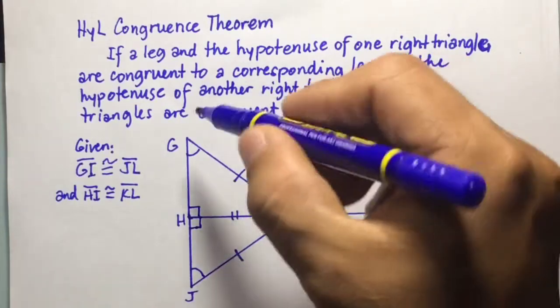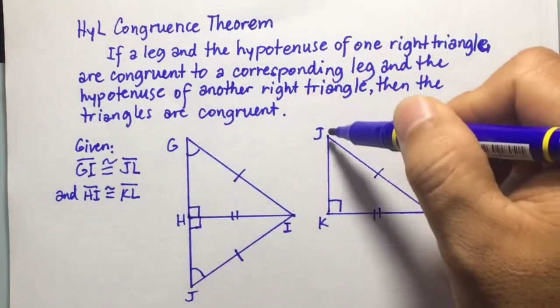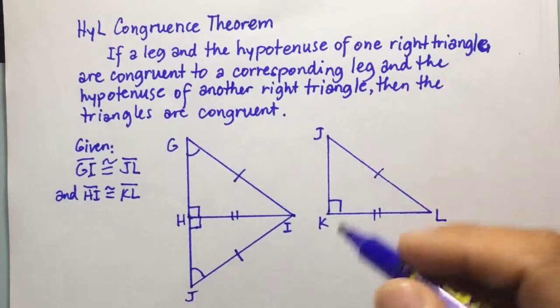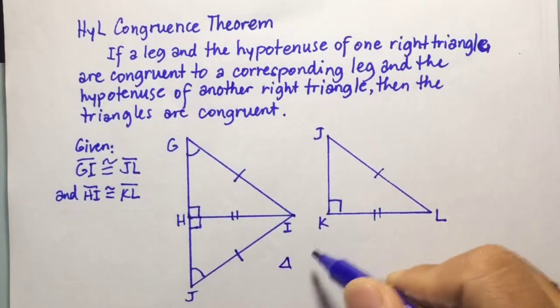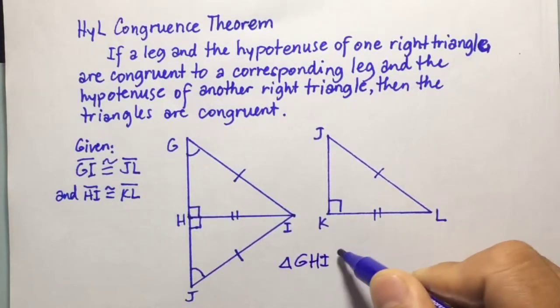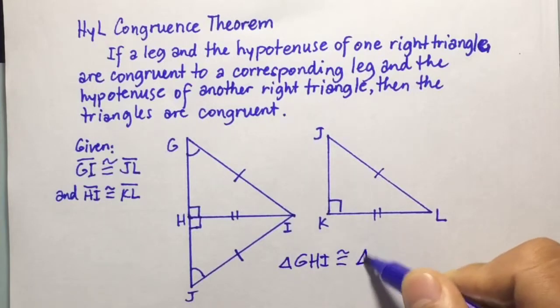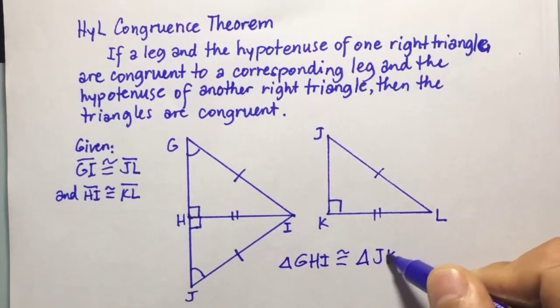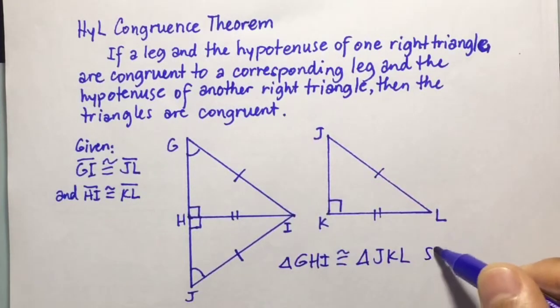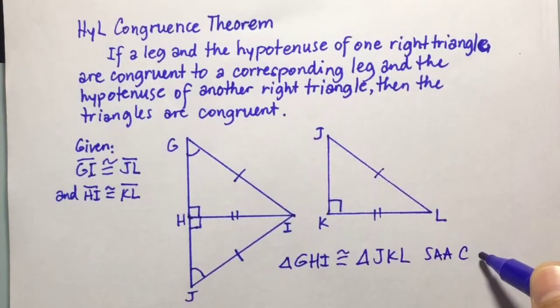So we can have these two triangles GHI and JKL as congruent. So triangle GHI is congruent to triangle JKL using the SAA congruence postulate.